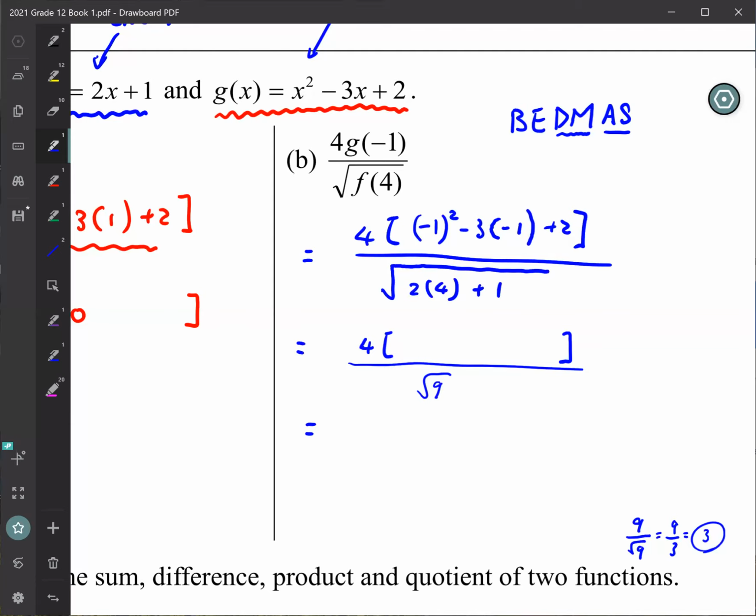So you have -1 squared. What's that? Negative times negative, right? So it'll be 1. Okay, continue, and then what do we do next?